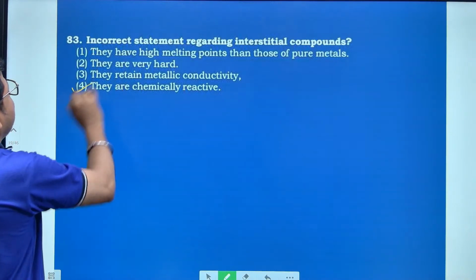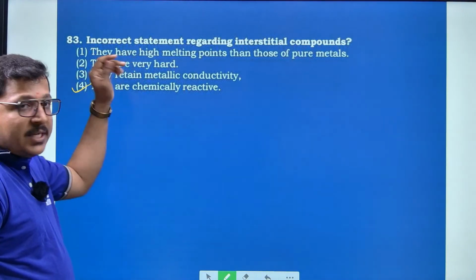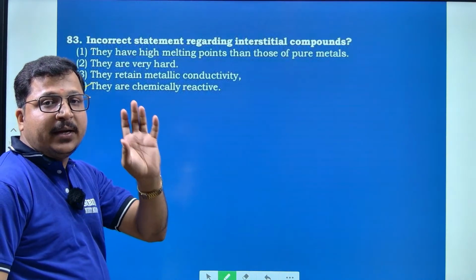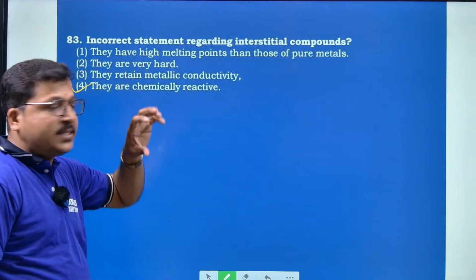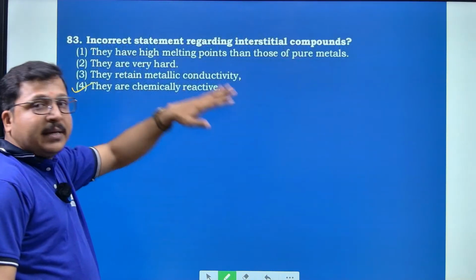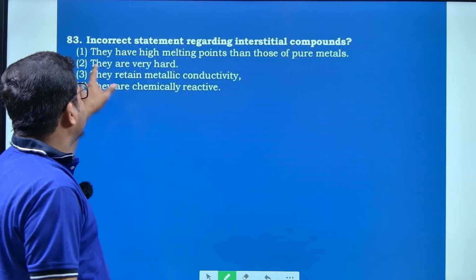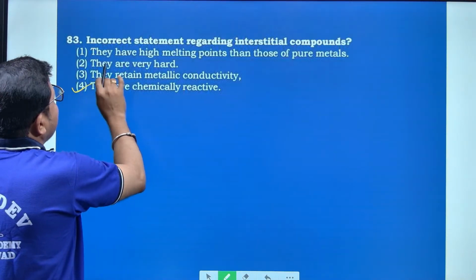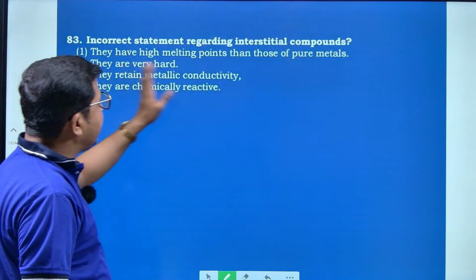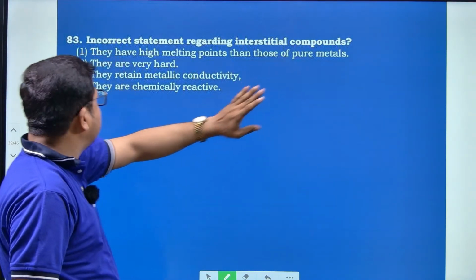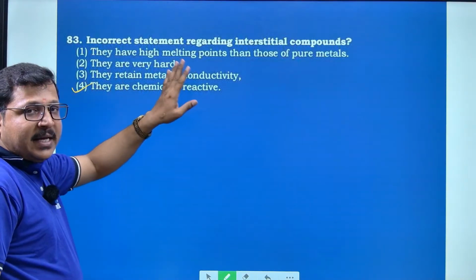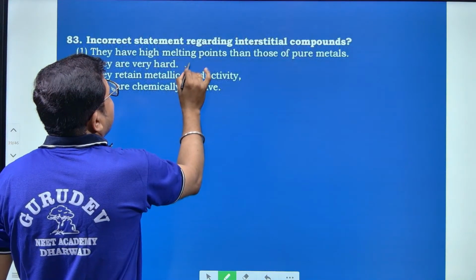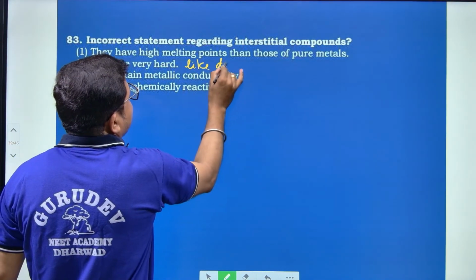the incorrect statement, because interstitial compounds are formed because of the presence of small traces of nitrogen, carbon, and certain other elements in the metallic lattice, so that will produce interstitial compounds. Hence, option number 1: these interstitial compounds have high melting points than those of the pure metals, and they are very hard, like diamond.